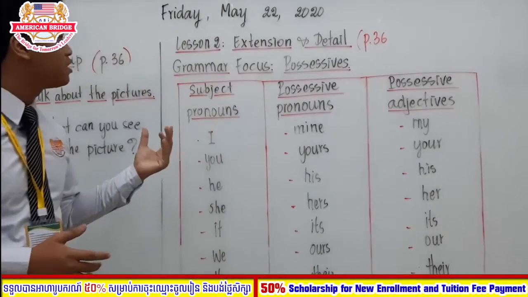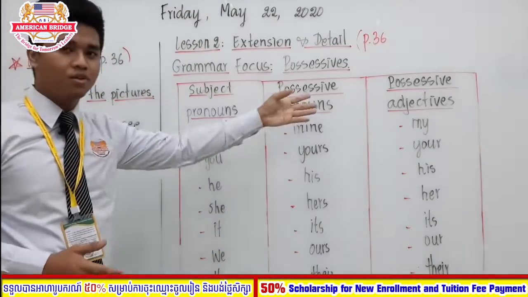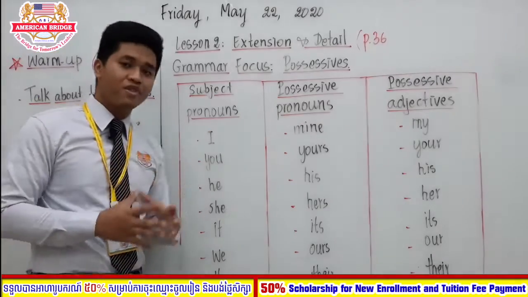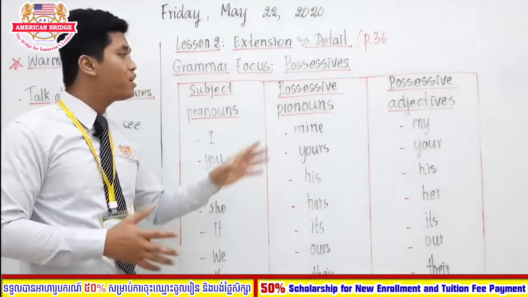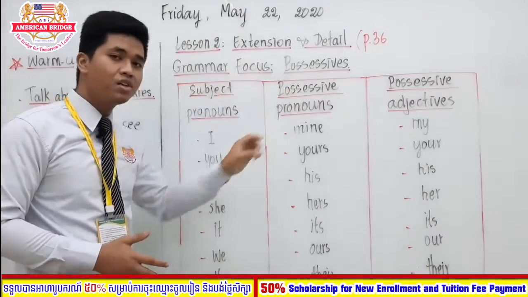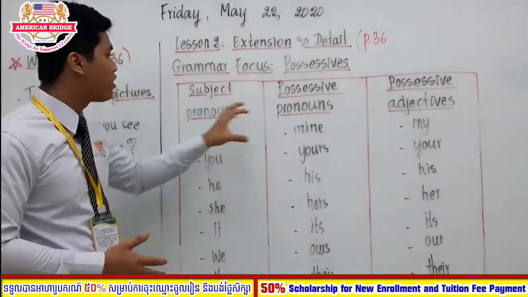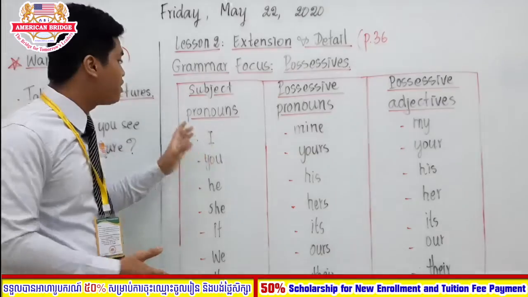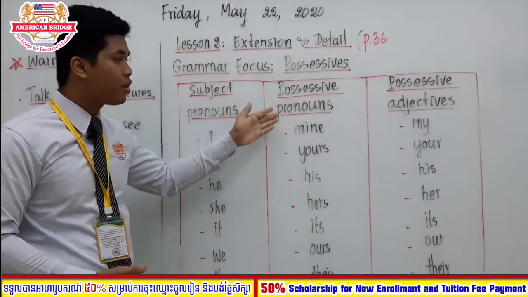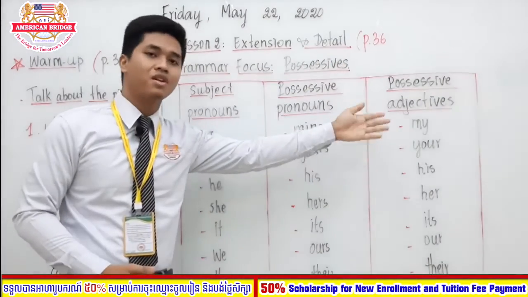This lesson is the possessive. You might ask, what is possessive? Sure, to understand the word possessive, we need to look at all of the three categories. We have subject pronoun, possessive pronoun, and possessive adjective.